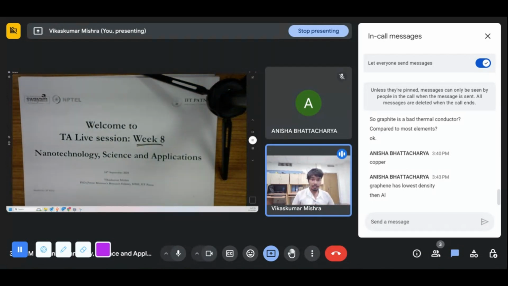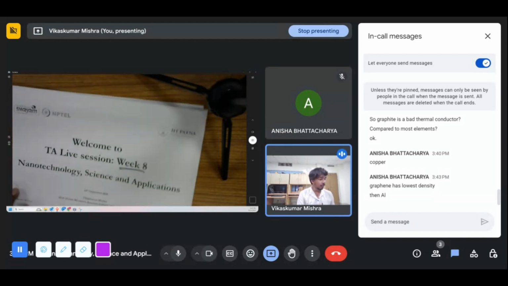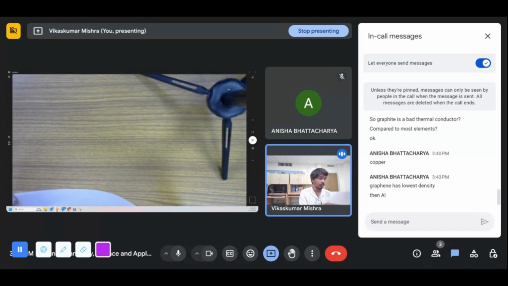If there is any doubt in this doubt solving session, or in this week 8, or throughout the course from week 1 to week 8, we can discuss those things. This will be our last doubt solving session.